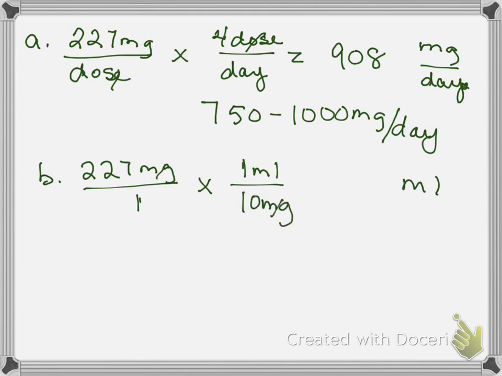My milligrams cross out, and I'm left with 227 over 10, or 22.7 mLs. And it doesn't say, but I'm going to leave it at 1 decimal point for this one. Okay. Any questions on this one? No? All right. Let's try number 5.